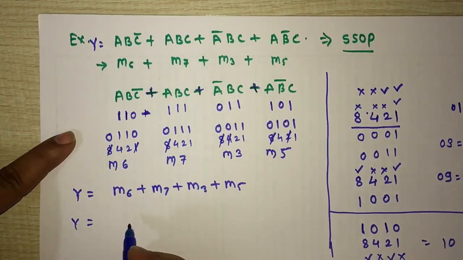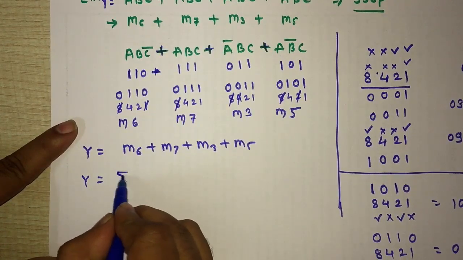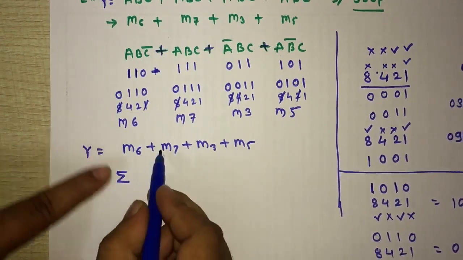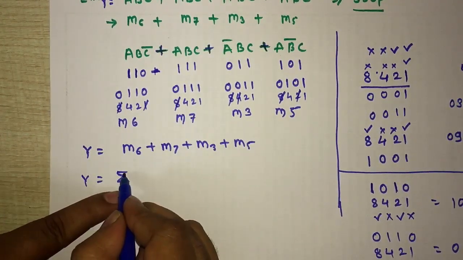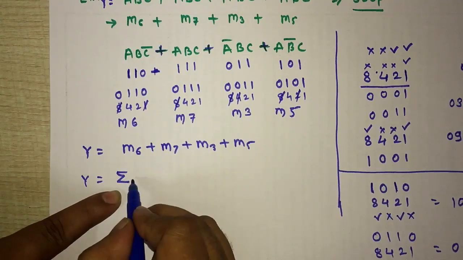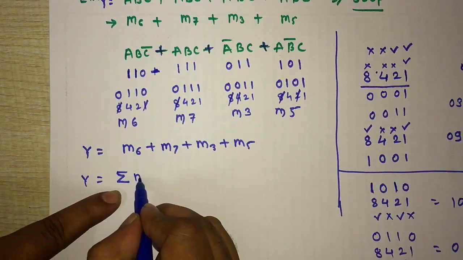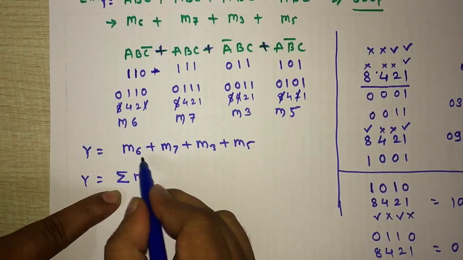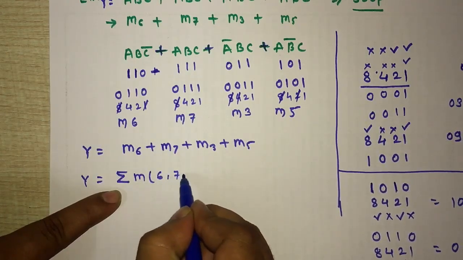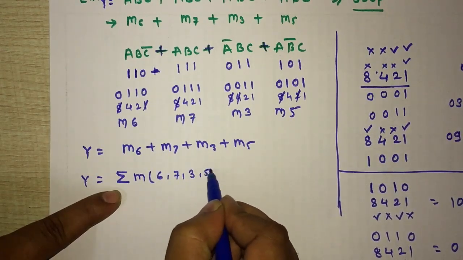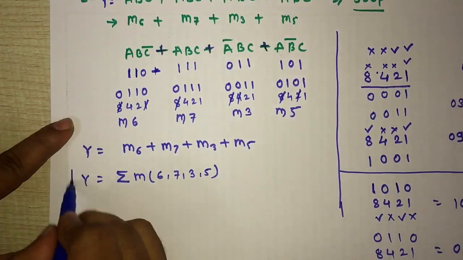In simplified form, we will write this using the summation sign, as summation of small m in brackets, with terms 6, 7, 3, 5.